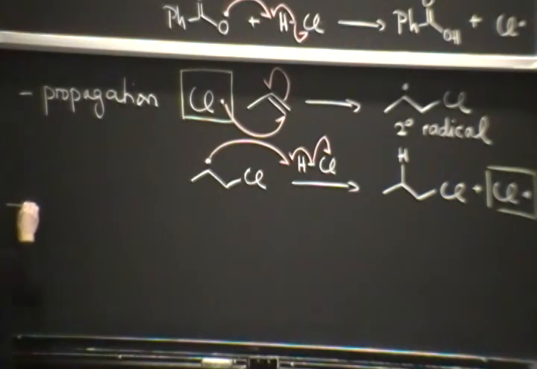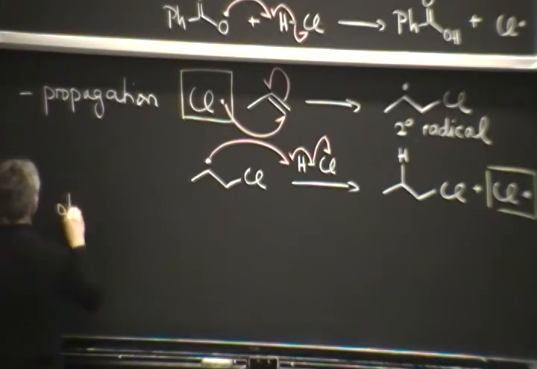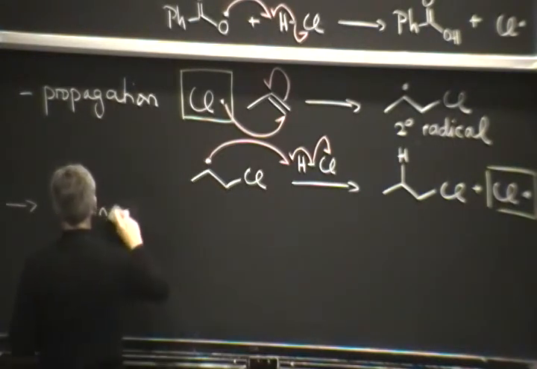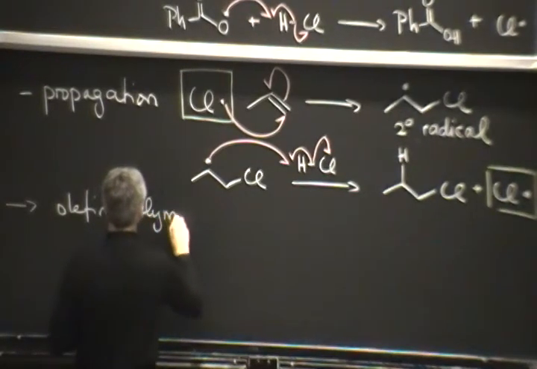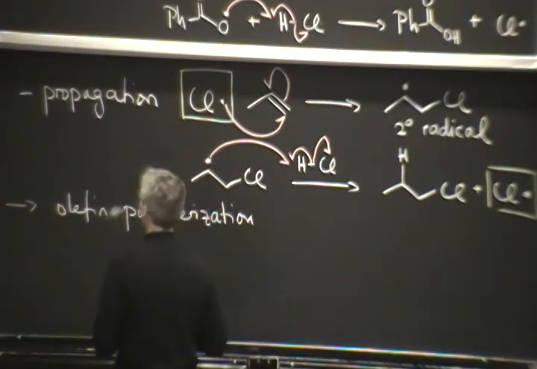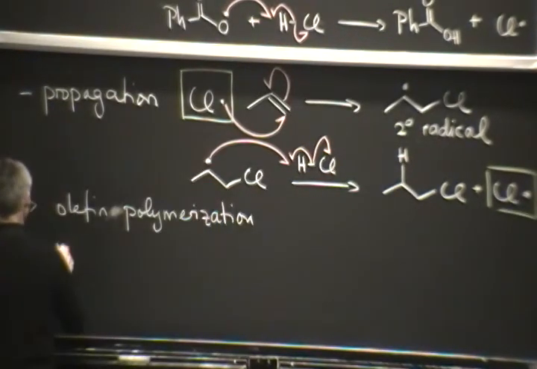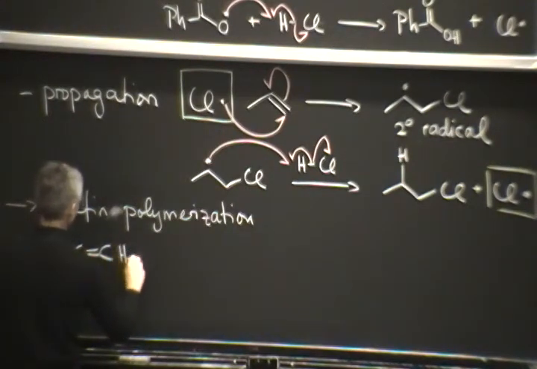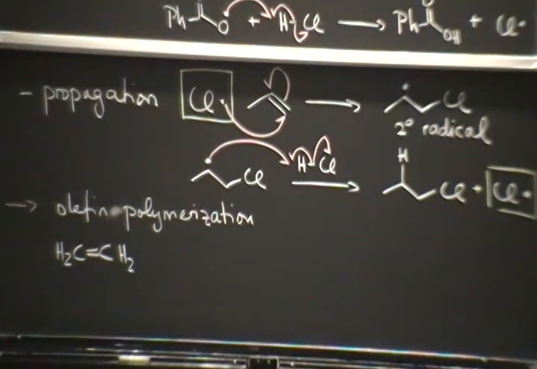So again, industrially important is the polymerization of olefins. So ethene is a very significant feedstock for a lot of consumer goods, plastic bags and so on.